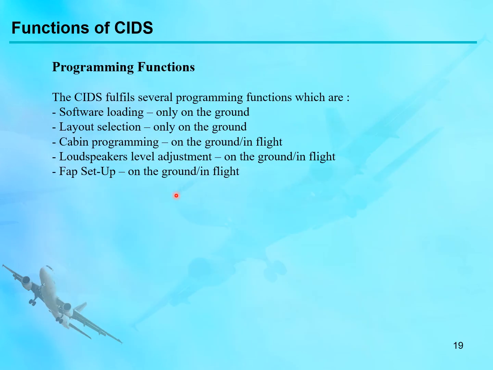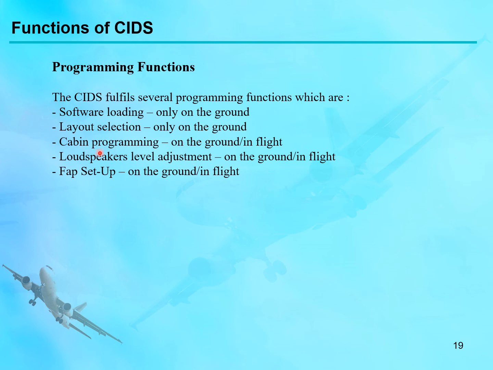So the last part of this CIDS we are talking about is the programming functions. What are the programming things you can do? Not the Python or C programming. Over here, the programming we are talking about is that you can actually do a software loading. This can only be done on the ground. Or you can do the layout selection, where you can select how you want the interface to look like.